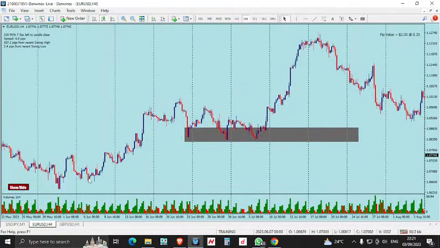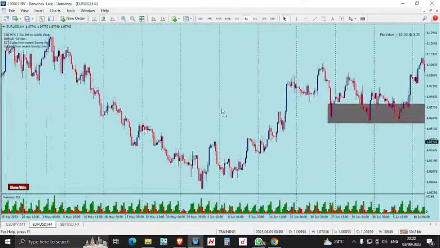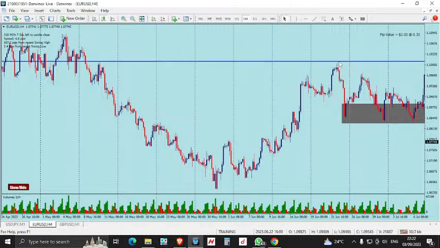So here, the market was going up. I just started from here. Let me shift it somewhere here. The market was up and it tried to come down. Then it moved up. But as you can bear me witness, it has not broken. What we have here now is the swing high.